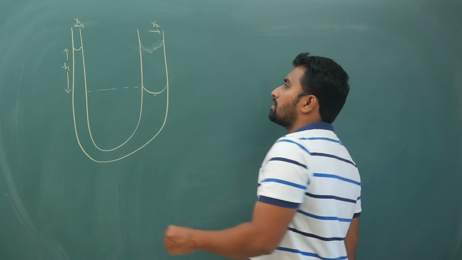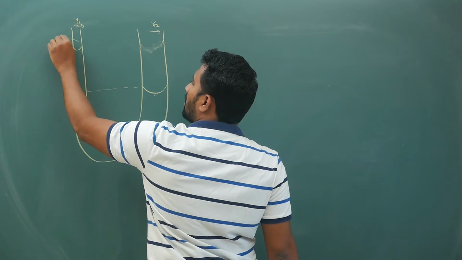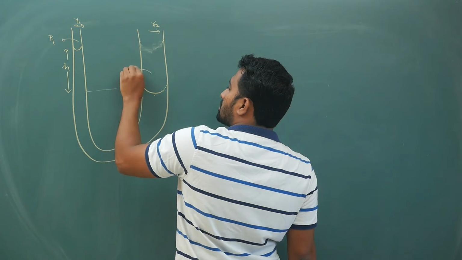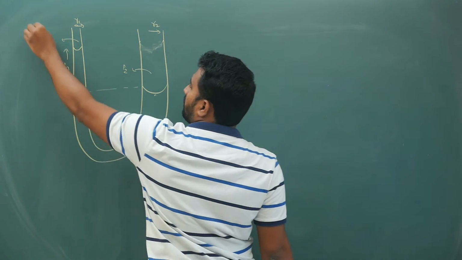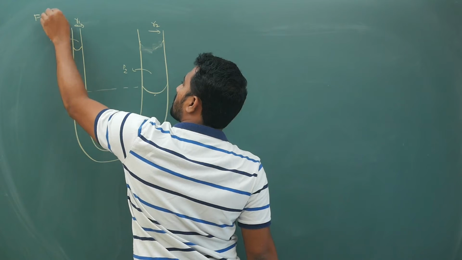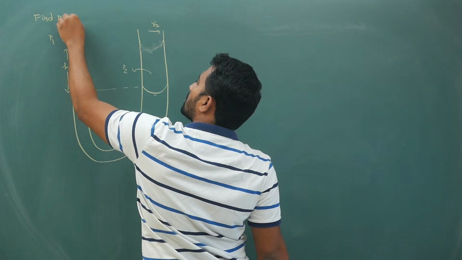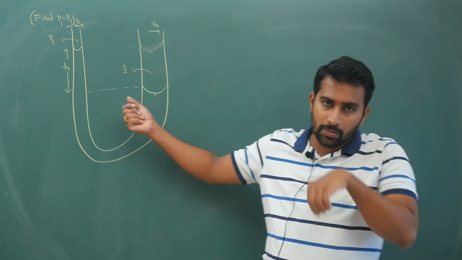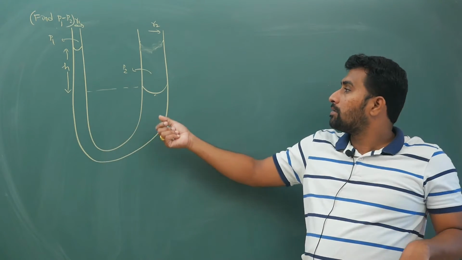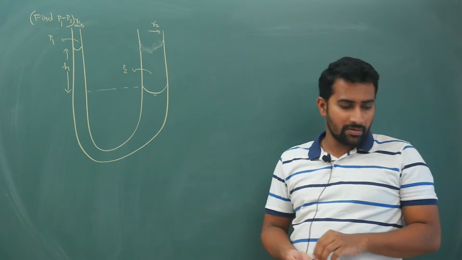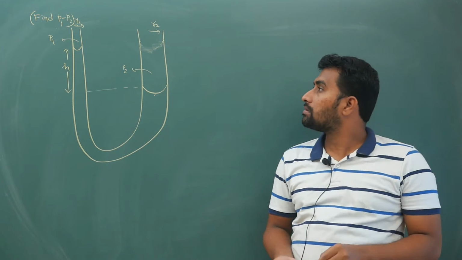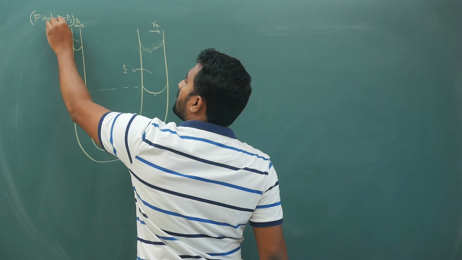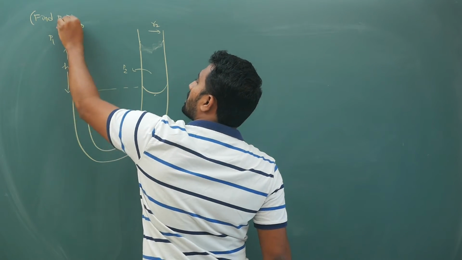This is a manometer. A manometer is used to measure pressure difference in gas. So this is P1 and P2. Find P1 minus P2. With a manometer setup, don't think both sides are atmosphere. If it is atmosphere, things will be different. The question is to find P1 minus P2, or P2 minus P1, depending upon whichever is big. Here P2 is big, obviously, so P2 minus P1.